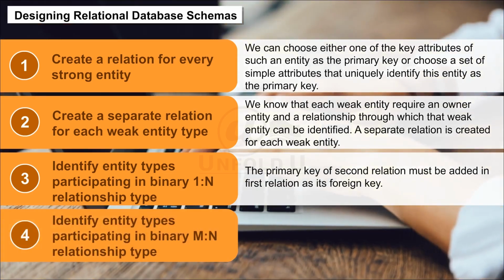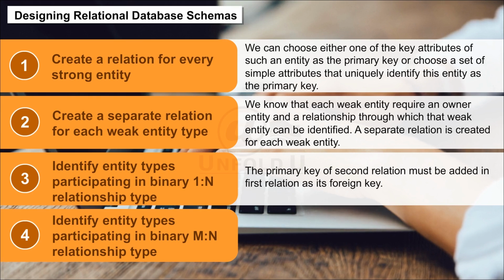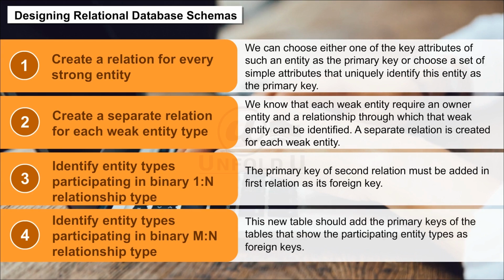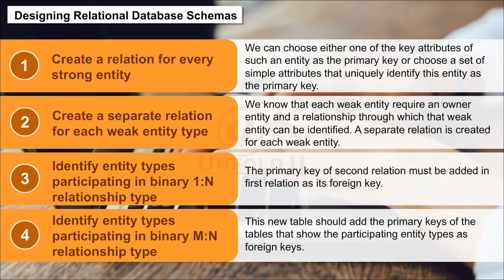Identify entity types participating in a binary m:n relationship type. For such relationships, we need to build a new table to show such relationship. This new table should add the primary keys of the tables that show the participating entity types as foreign keys.